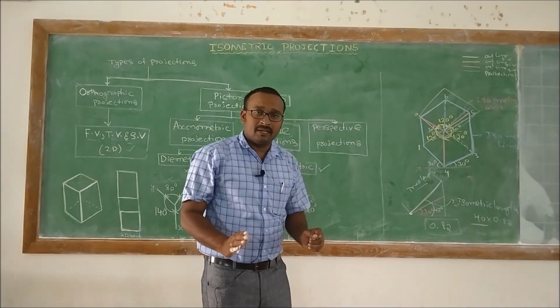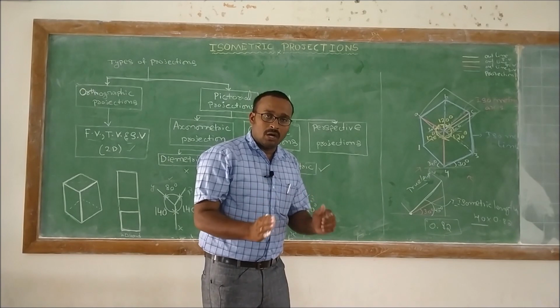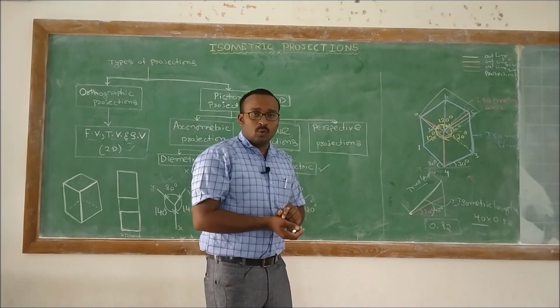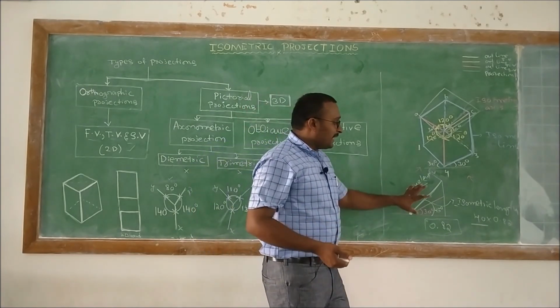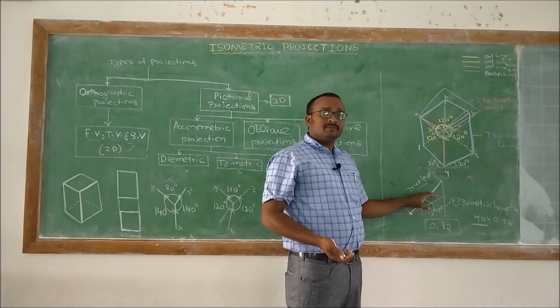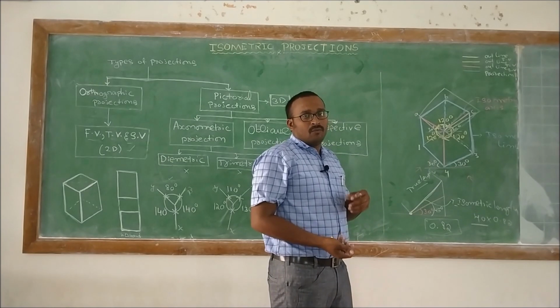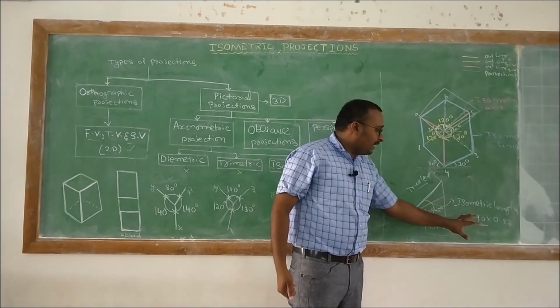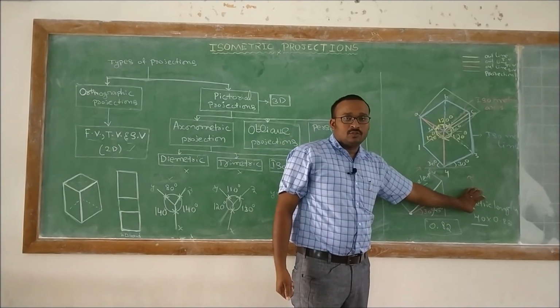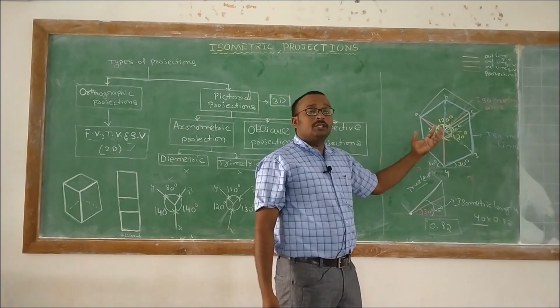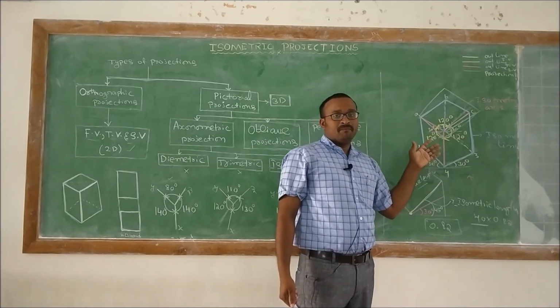Please remember that in our engineering drawing, we always use true lengths. That means if the cube is 40, then we will use 40 directly. We are not supposed to calculate the isometric length. We directly project that particular true length onto the VP. Clear?